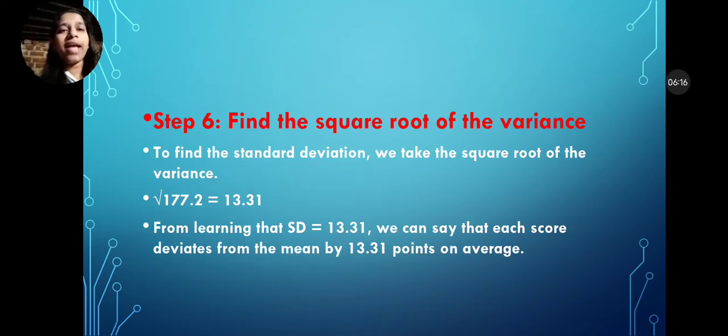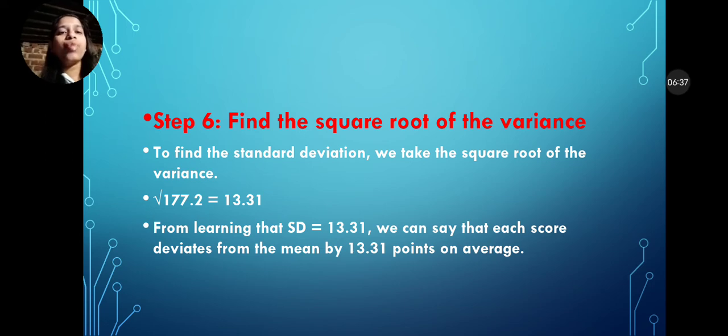So let's see the last step of the standard deviation. The last step is find the square root of the variance. To find the standard deviation, we take the square root of the variance. We have got the variance, so we just have to take its square root.